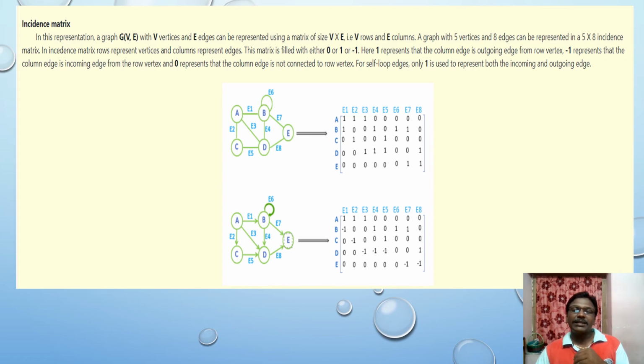And E8 is the outgoing edge, so it is 1. E has 2 incoming edges, E7 and E8. Both are -1, and the remaining are all zeros. In this way, directed graphs are represented by the incidence matrix.